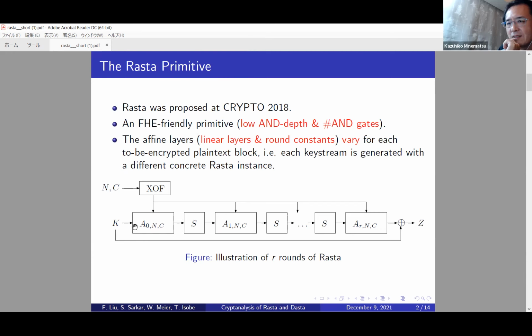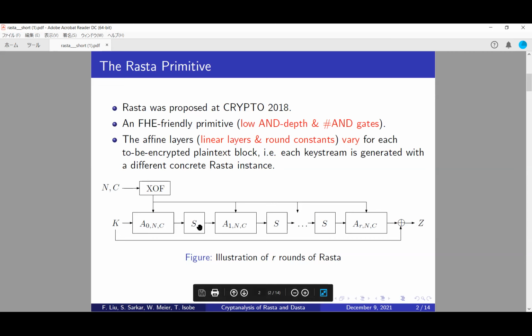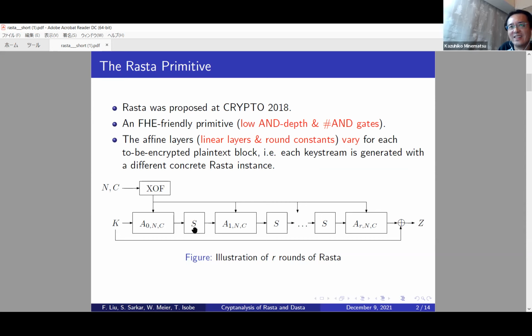But in Rasta, each plaintext will be encrypted with different affine layers and nonlinear layer. So this is why I call it a moving target. I see. Thank you.